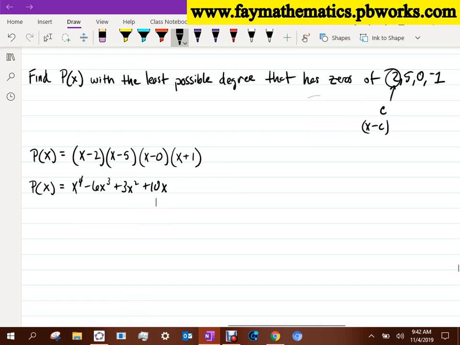I just FOILed it out. FOIL those two out, multiply by x, and then whatever that is, distribute the x plus 1 to it. That make sense? Did we put that in the GeoGebra? My hope is that we can do that by hand though. If I restrict you from using GeoGebra for any reason, you can still multiply these, right?